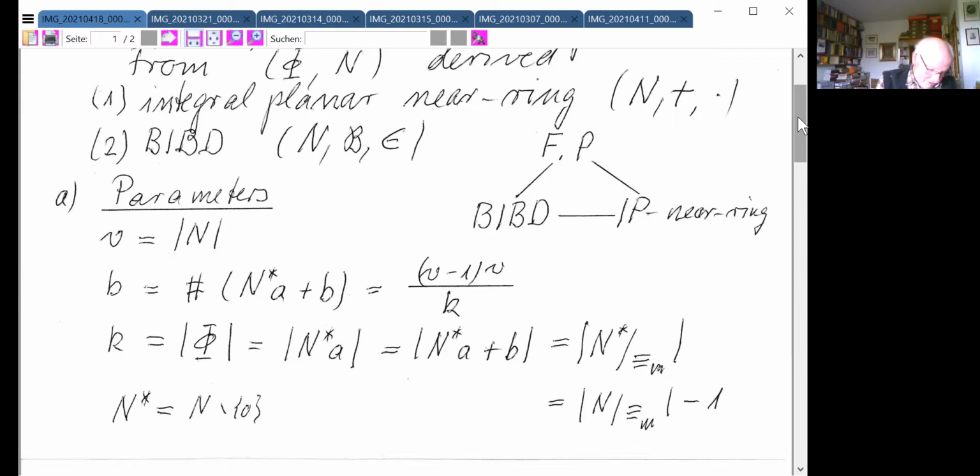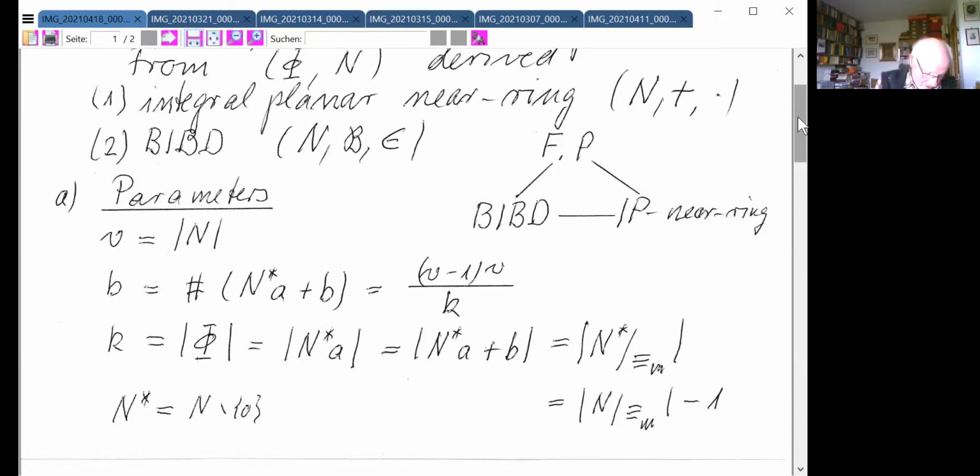It's clear the number of points is n, and the number of blocks is the number of these n star A plus B. If we remember this result, which is relatively easy and which I didn't prove, then we see that this must be v minus 1 times v over k. Every block contains k elements.